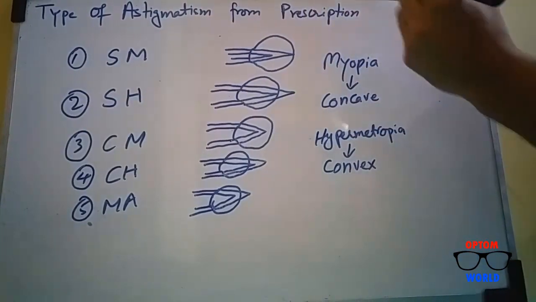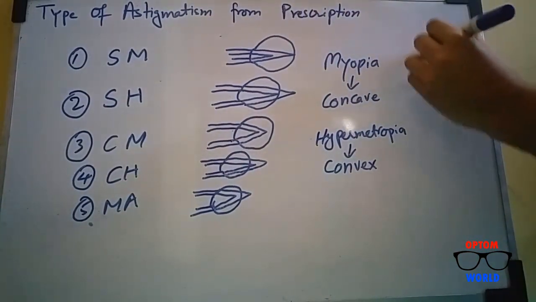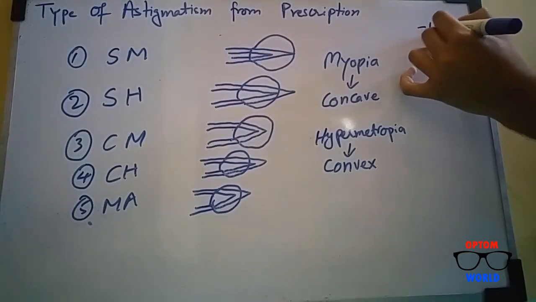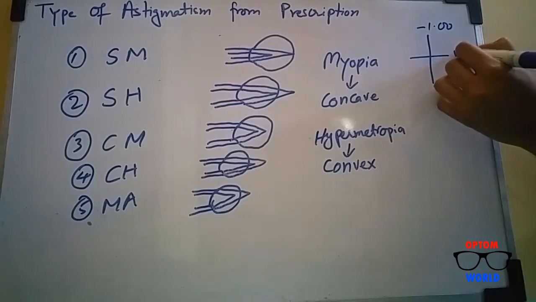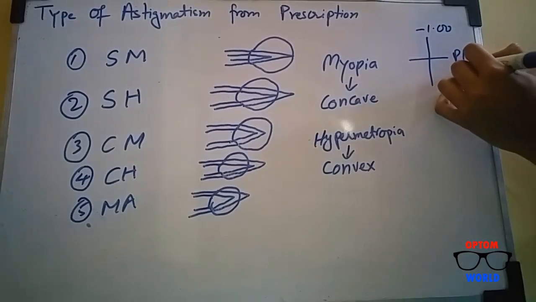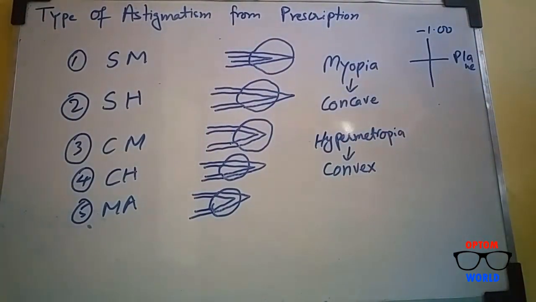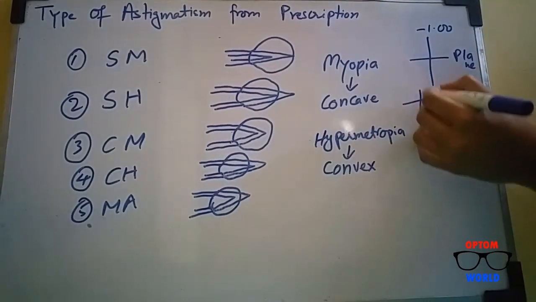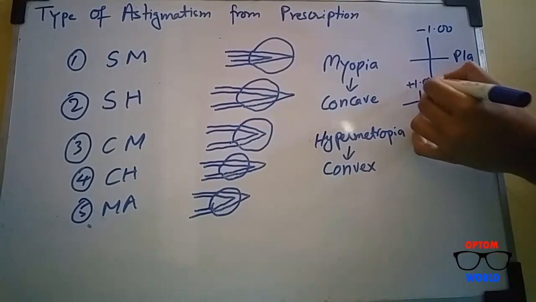So for simple myopic, if we draw an optical cross, one meridian will have minus power, let's say -1, and the other meridian will be plano. Same is the case for simple hyperopic astigmatism, in which one meridian has plus power and the other is plano.